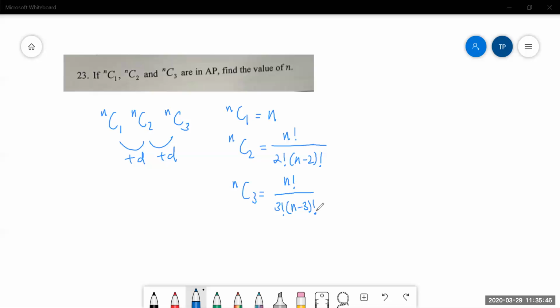Yeah. Okay. So n choose 3 equals n factorial over 3 factorial times n minus 3 factorial. From here to here is a plus d. From here to here is a plus d. We need to find what is n. So basically, there's a relationship here.